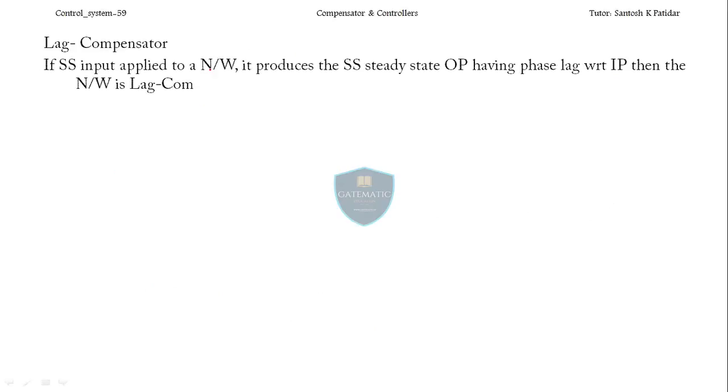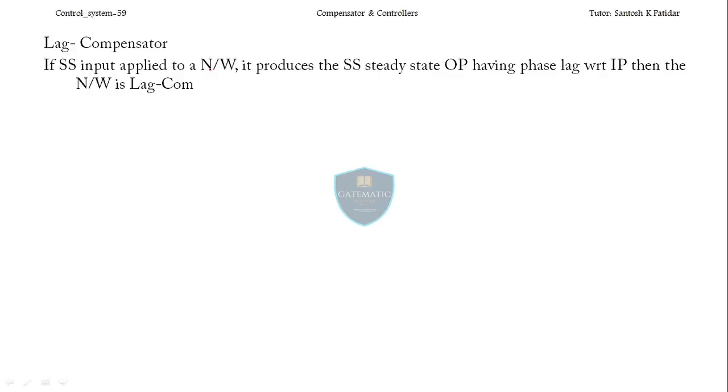Okay, now let's come to the next, and that is lag compensator. So what is the definition? If a sinusoidal input applied to a network produces a sinusoidal steady state output having phase lag with respect to the input, then the network is the lag compensator.